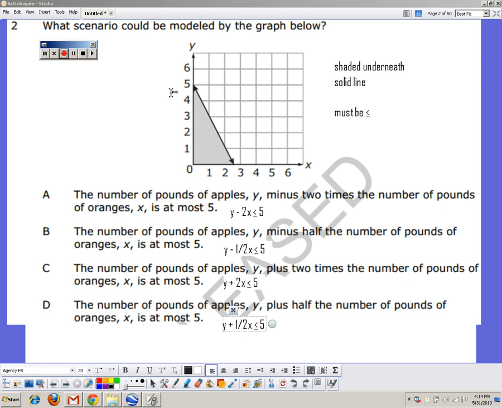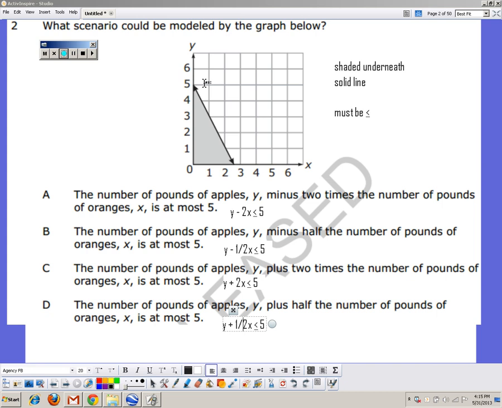So when we translate each of these statements, the first statement translates into y minus 2x is less than or equal to 5. B says y minus 1/2 x is less than or equal to 5. C says y plus 2x is less than or equal to 5. And D says y plus 1/2 x is less than or equal to 5.